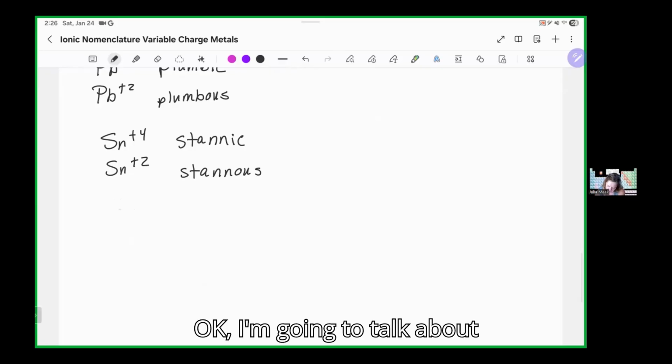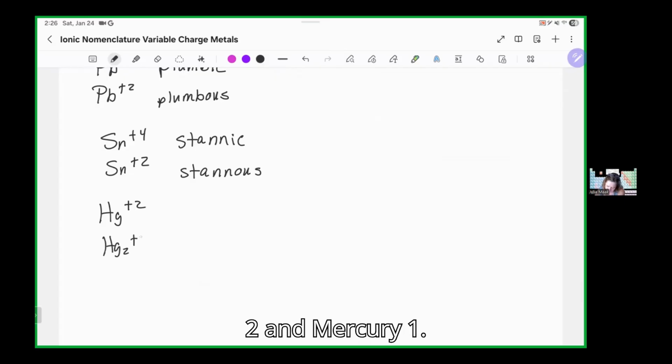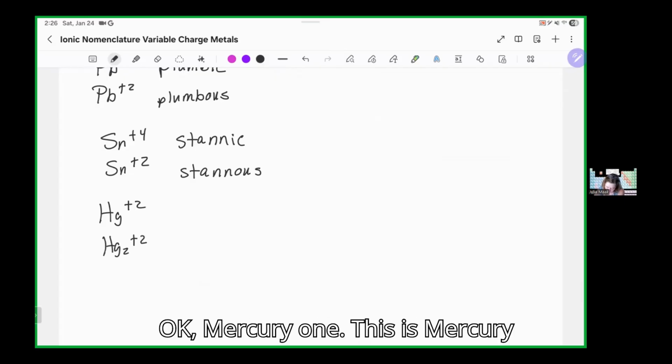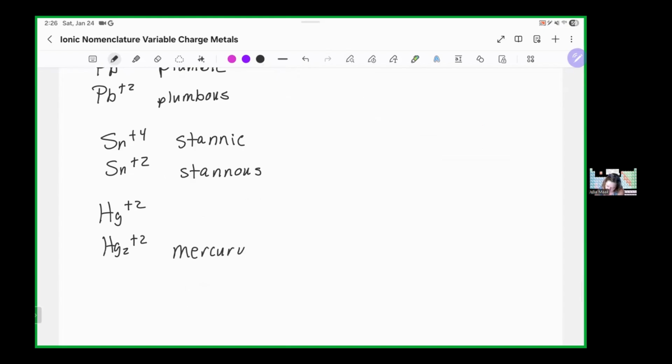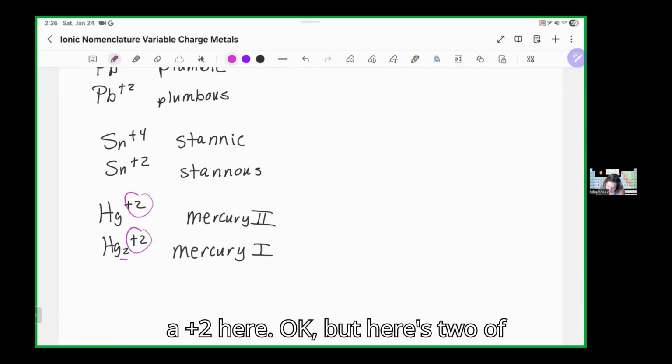Okay, I'm going to talk about a weird ion. I've got mercury 2 and mercury 1. This is mercury 1. And this is mercury 2. What you'll notice is they both have a positive 2 here. But here's 2 of them.